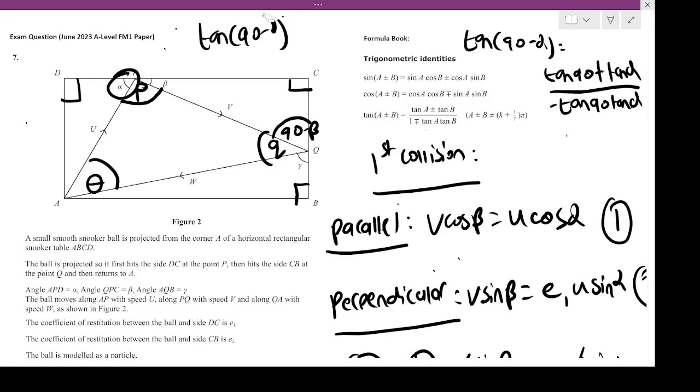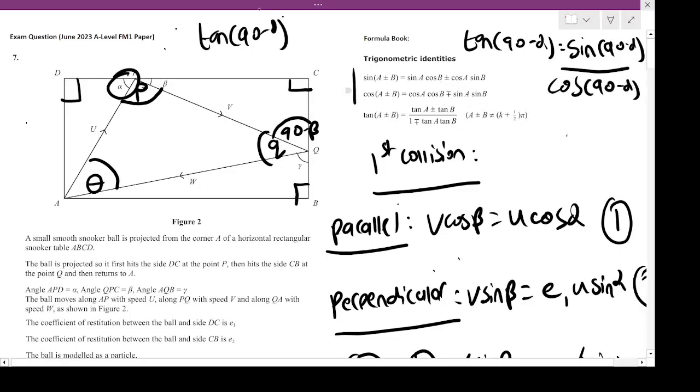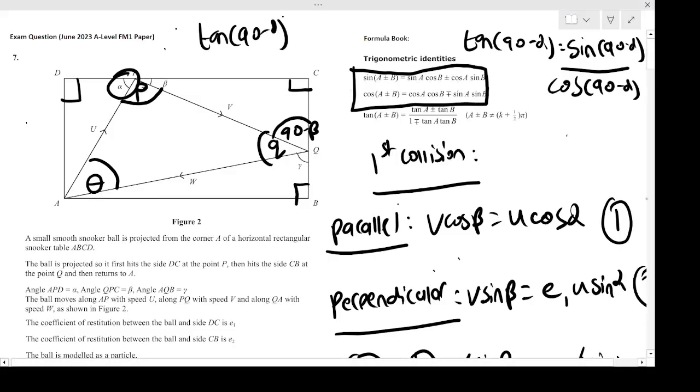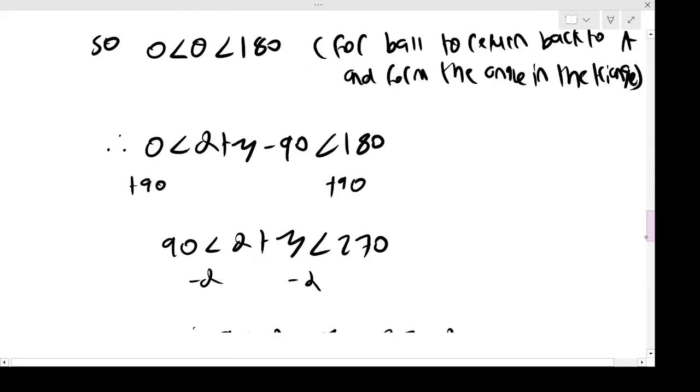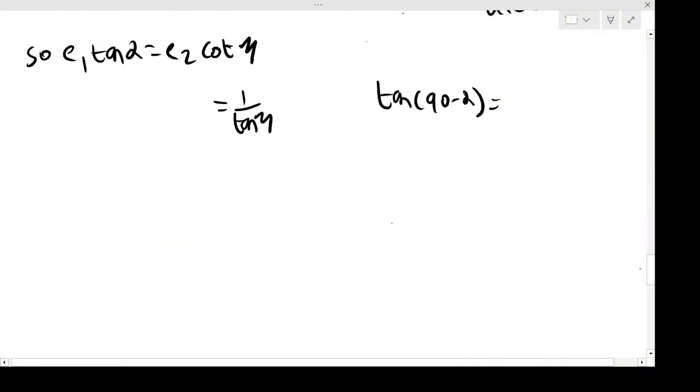But don't panic, we can get around that, because we can alternatively say that tan of 90 minus alpha is just going to be sine of 90 minus alpha over cos of 90 minus alpha. Then we can use the sine and cos compound angle formulas to expand the sine and cos of 90 minus alpha, and that will simplify. So I'm going to do that now, down here, just using the standard compound angle formulas to simplify this expression.